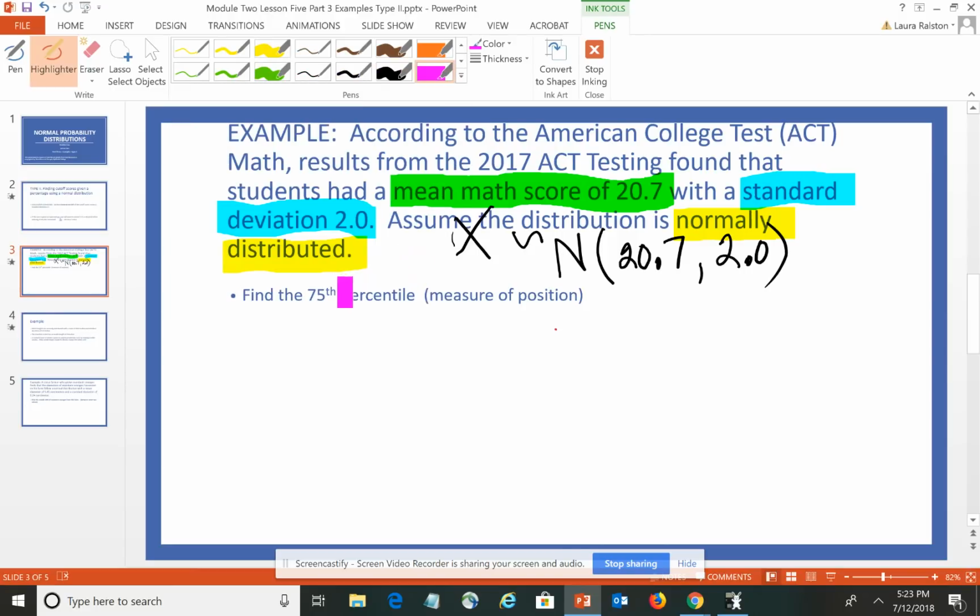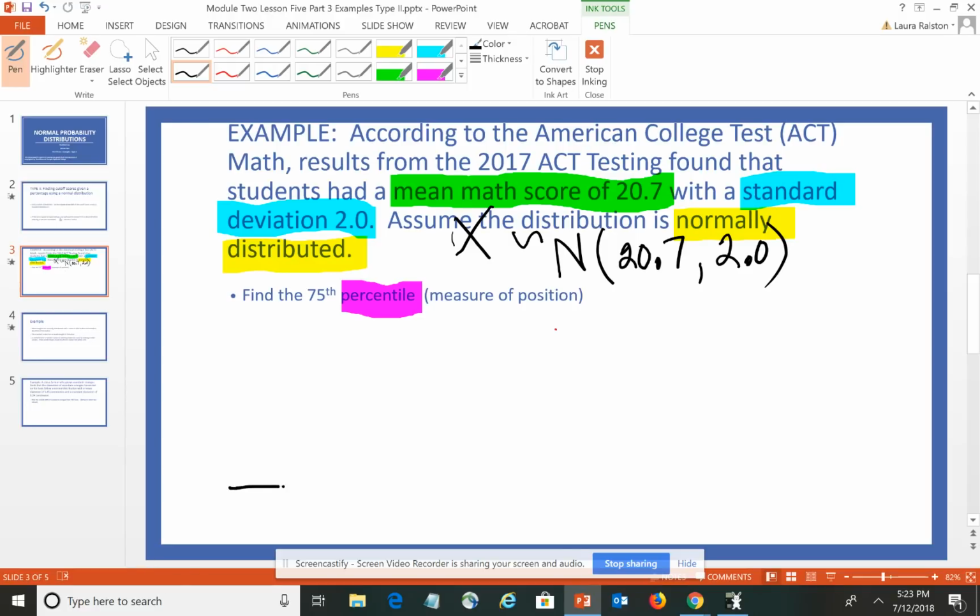So they're asking me about a percentile, or in other words, what is the cutoff score that corresponds to the 75th percentile. It's a little bit different, but that idea that they're asking me for that cutoff score is my clue that I need to use the inverse norm command.